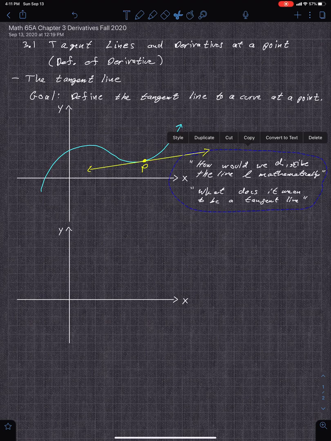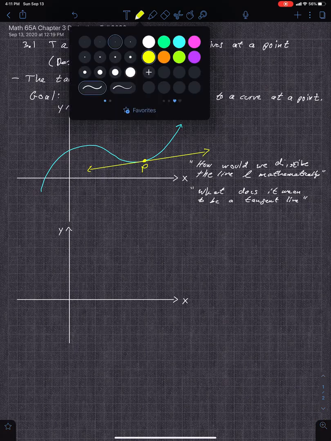How would we describe the line mathematically? We can talk about a line that just touches a curve in one point.